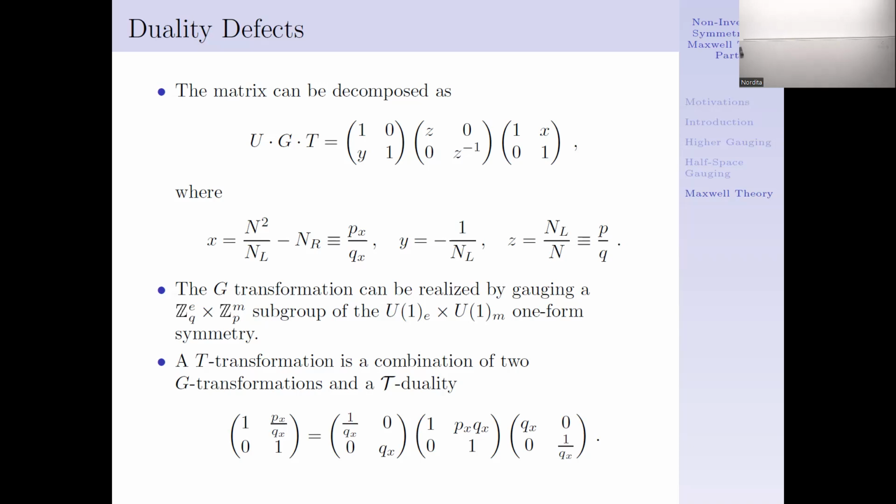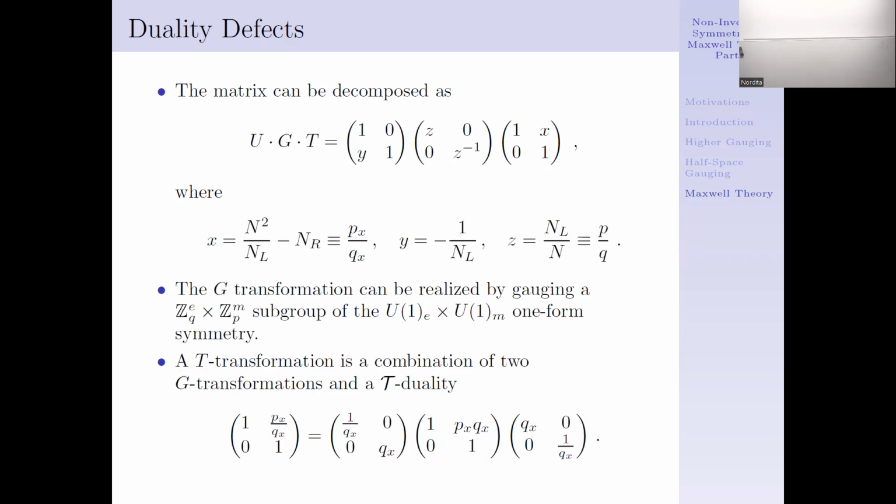Here we're going to gauge this subgroup in half space, but I forgot to mention that P and Q are co-prime, and so there is no anomaly, and we can gauge this on half space. So the middle element here can be realized by gauging this subgroup of the one-form symmetry.